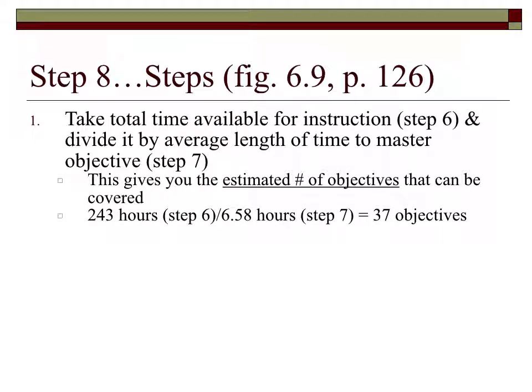So we said we had 243 hours of total instructional time from step 6. And then in step 7, we said we had 6.5 hours per objective. So that means we can really include 37 objectives in our curriculum.